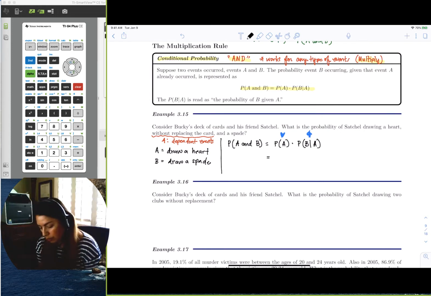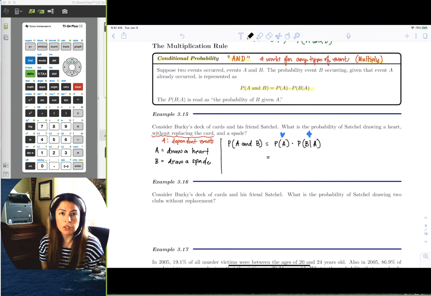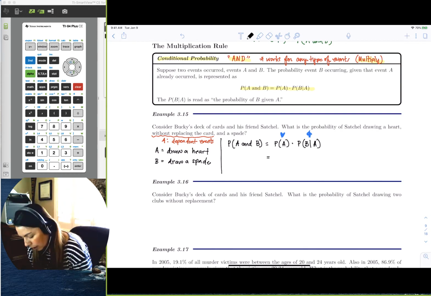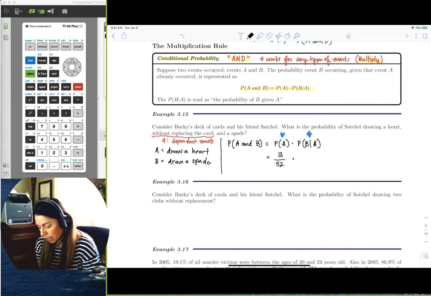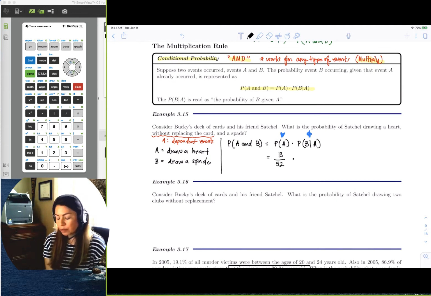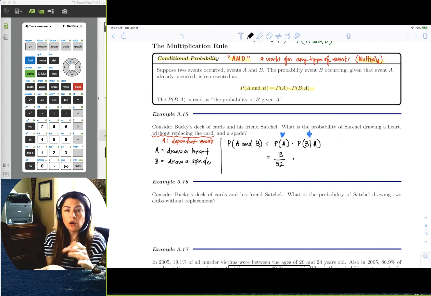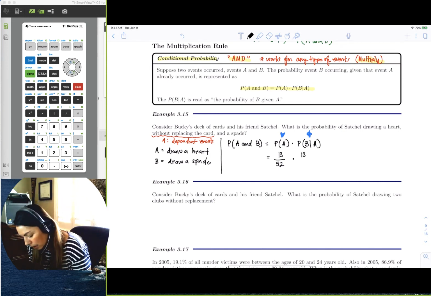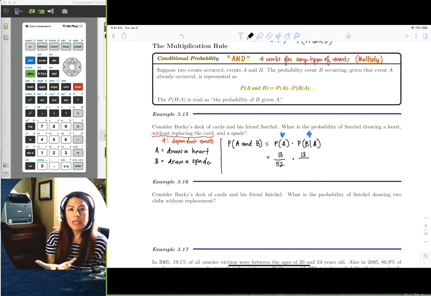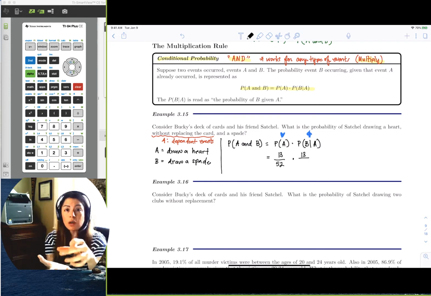So what is the probability that he draws a heart? We've discussed many times that any one suit is 13 out of 52, or 1/4, times, and now, how many spades are left in the deck? If he drew a heart on that first one, all 13 spades are left in the deck. But how many cards are left?